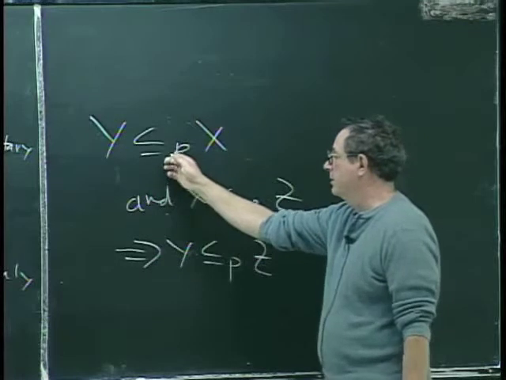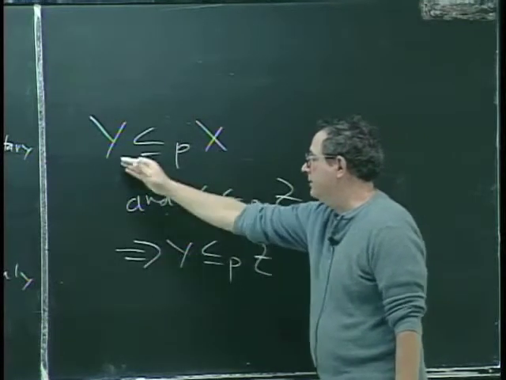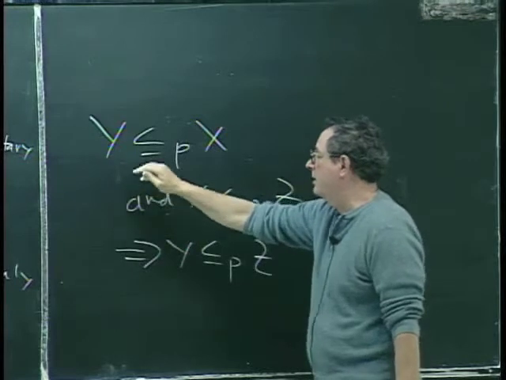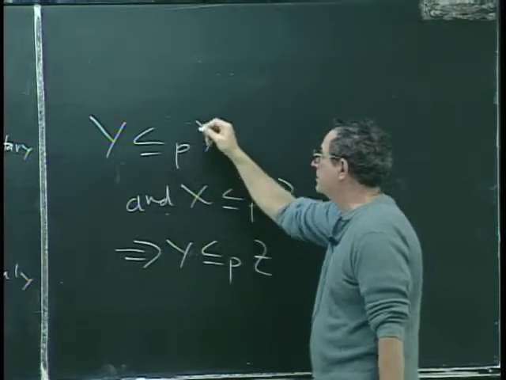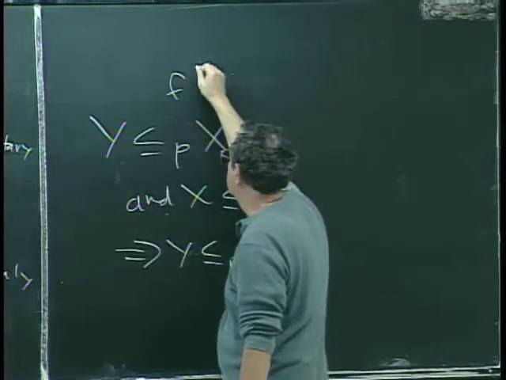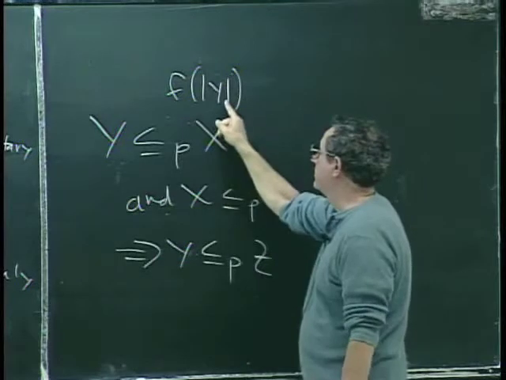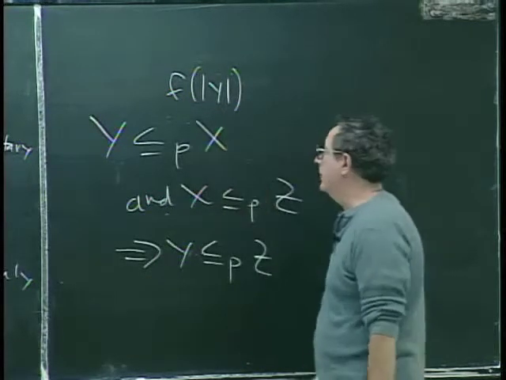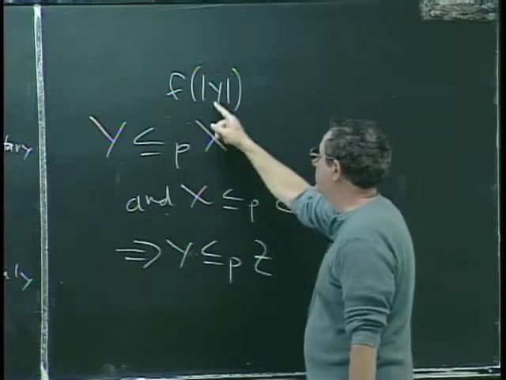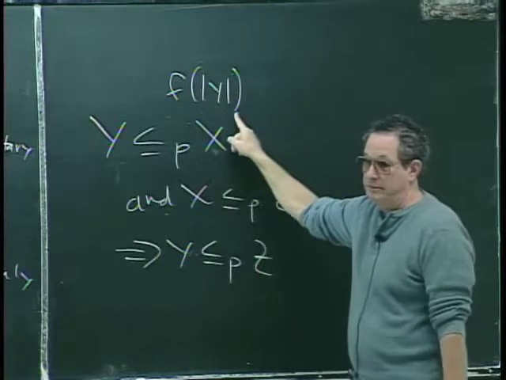The first reduction takes some polynomial time. An input of problem y is transformed in polynomial time, let's say by function f, of the size of the input y. This is how much time the reduction takes, and therefore the size of the instance that's created, x, is bounded by that.